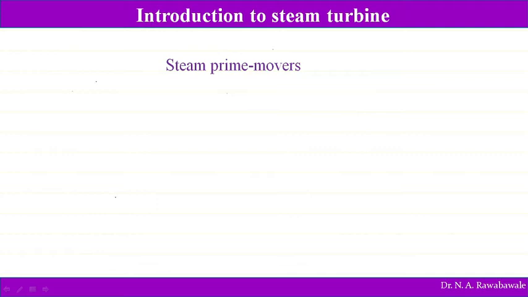The blades which are mounted on the rotor make the rotor rotate, and hence the power is developed in case of a steam turbine. The steam prime movers are broadly classified into two categories such as steam engine and steam turbine.